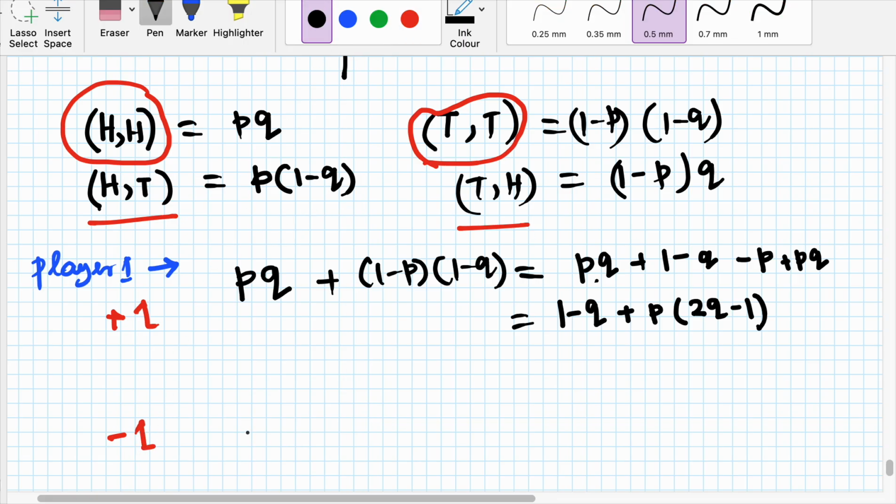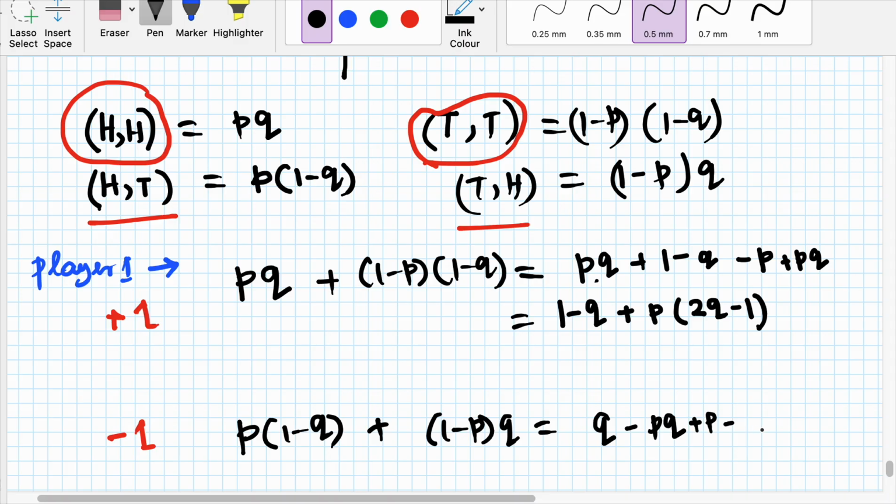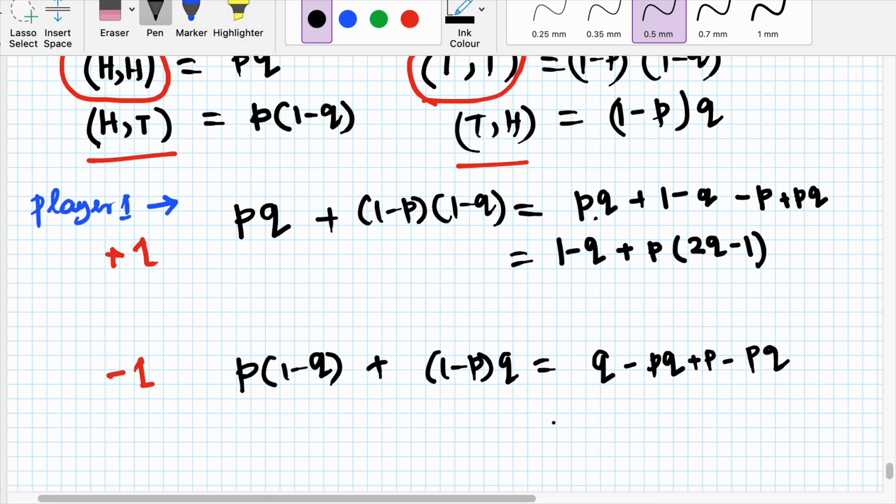If I add the two, p into 1 minus q plus 1 minus p into q, that becomes q plus p into 1 minus 2q.